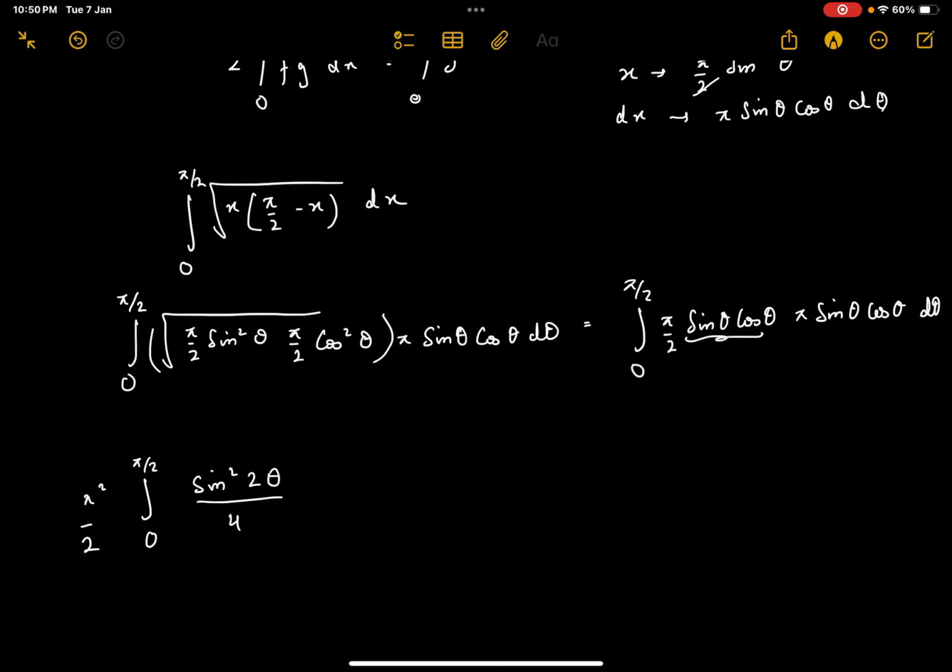I club these two together and these two together, multiply and divide by 2, making this 2 sine theta cos theta, that is sine 2 theta. So this becomes sine 2 theta by 2. Similarly, this becomes sine 2 theta by 2. These two come out as 4. So let's pull this out as well. We'll get an 8 here. And d theta.